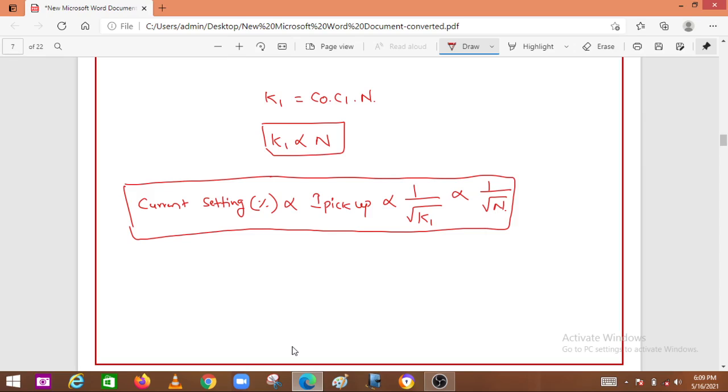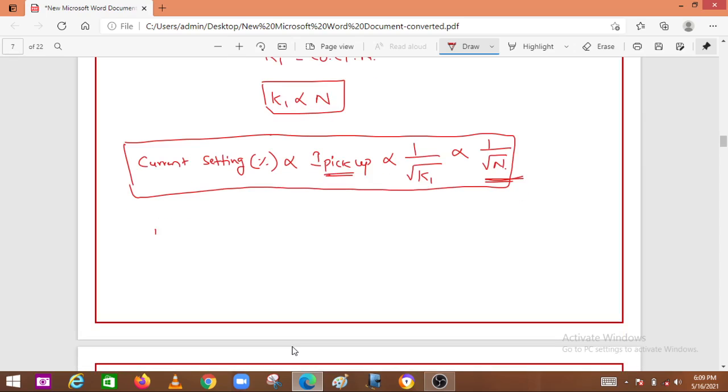If I want to adjust the pickup current, simply I can adjust the number of turns in the current coil, the relay coil. Therefore my pickup current will be changed. It is just like this: this is from the CT, this is going to the relay coil, and this is the setting of the turns.